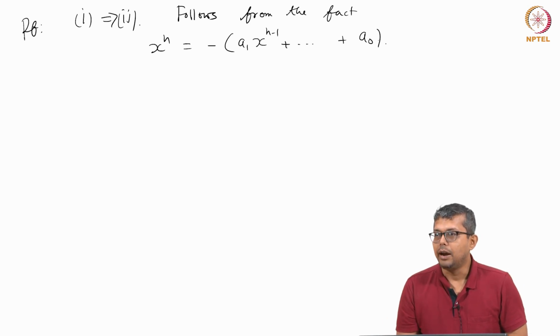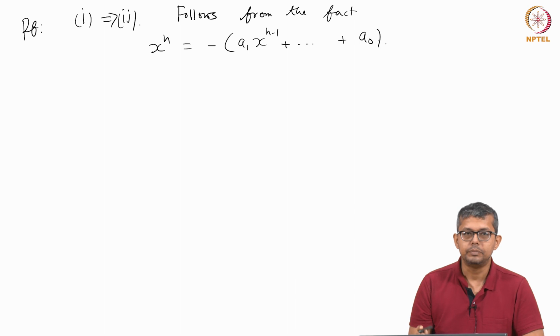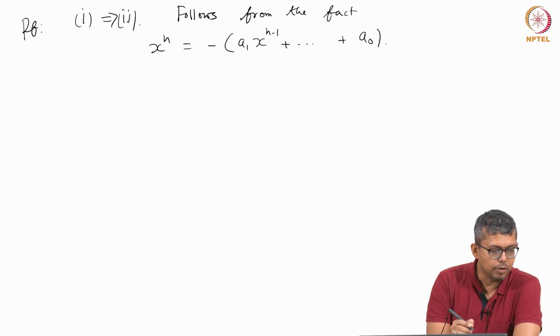Because of this fact, A[x] is a finitely generated A module. Is it clear? Okay.